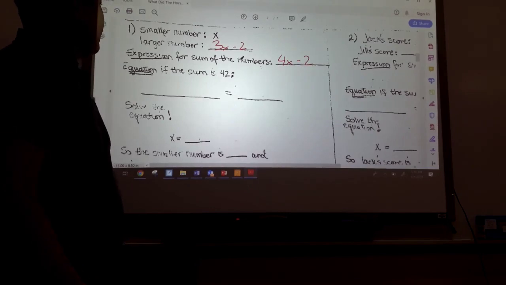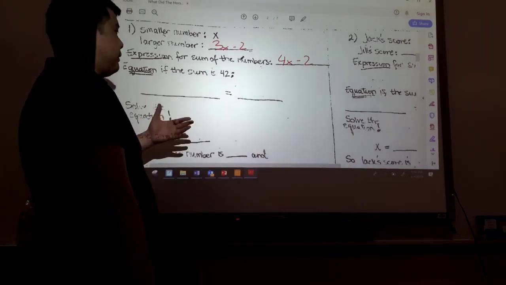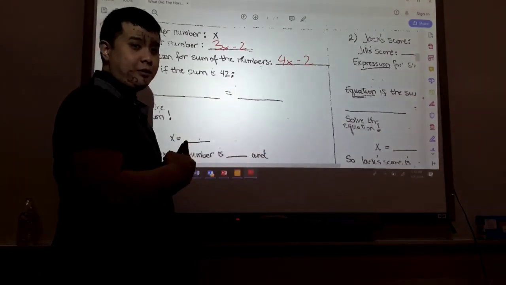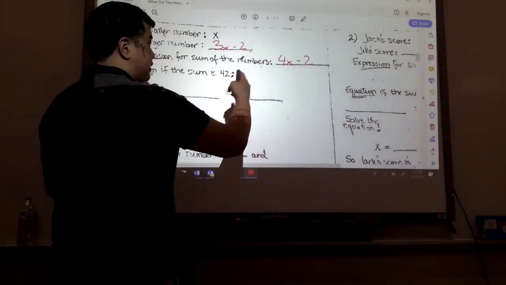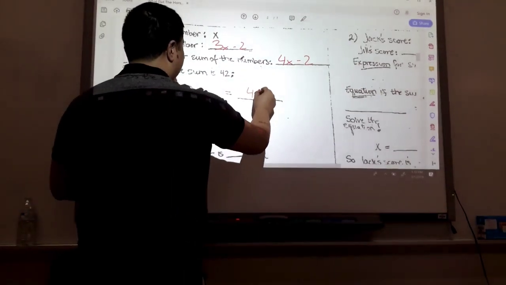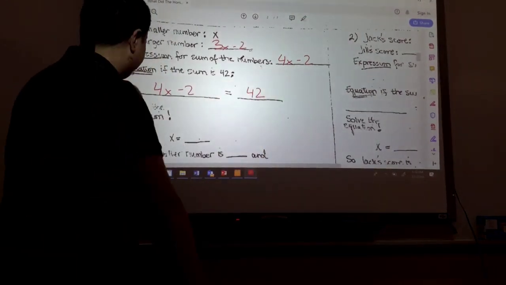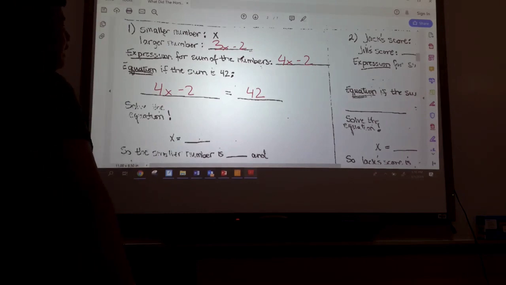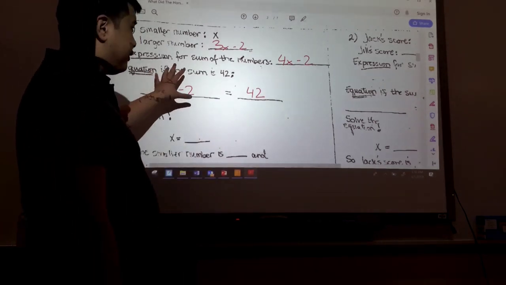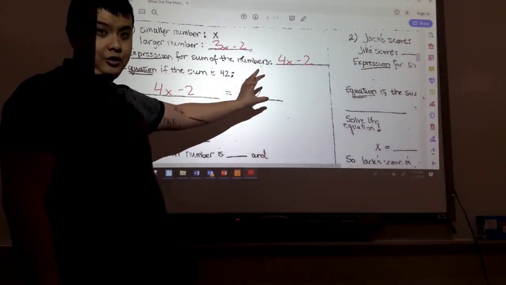Okay. The question says if their sum is 42. So we have an expression for the sum of the two numbers, which is 4x minus 2. So we get 4x minus 2 equals 42. Again, x represents the smaller number. So this is the sum of the two numbers, which should equal 42.